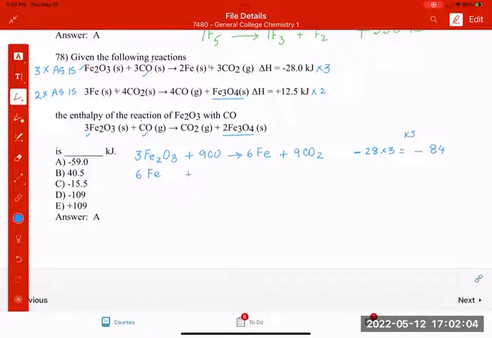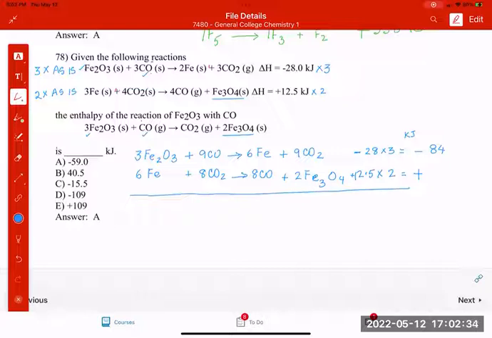Next, 2 3s are 6 Fe plus 2 4s are 8 CO2 gives you 2 4s are 8 CO plus 2 Fe3O4. And then 2 multiplied by this positive 12.5. 12.5 times 2 is what? 25 kilojoules.